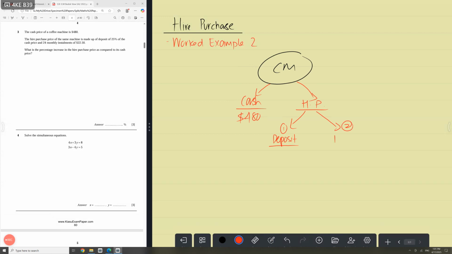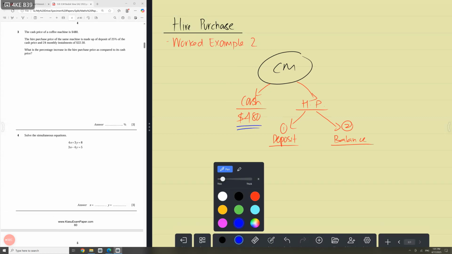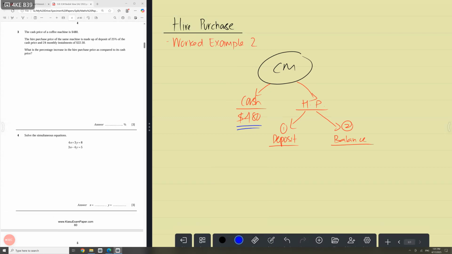So the second part is the balance in terms of the hire purchase. How much is the coffee machine? It costs $480. Just remember that. And in this case, the deposit is 25% of 480. That's what we need to remember.